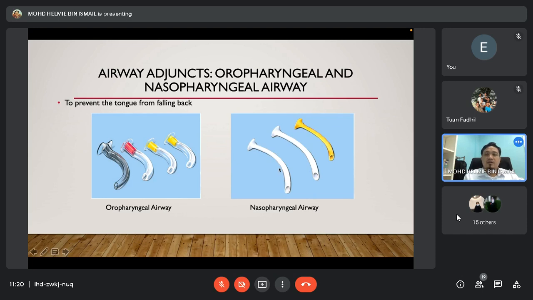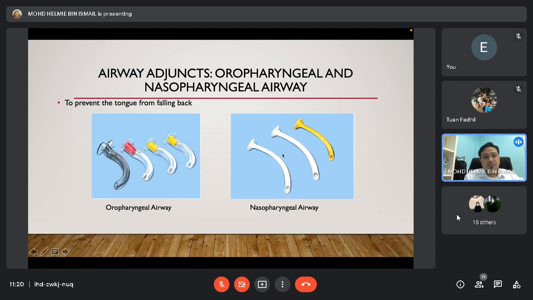If maxillofacial injury is already excluded, and gag reflex is present, you can use the nasopharyngeal airway for that patient because the gag reflex is present.